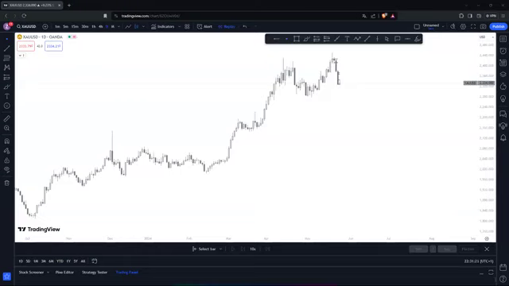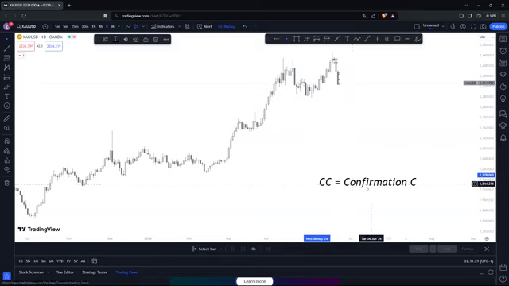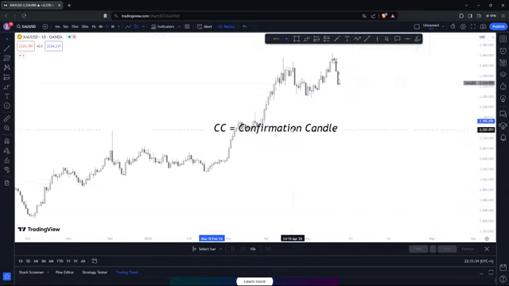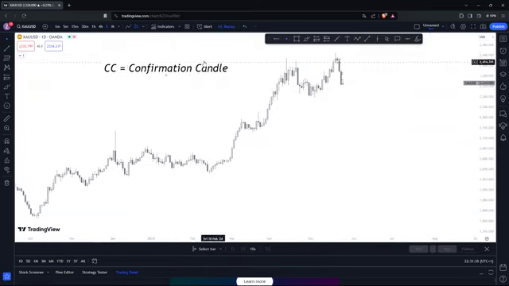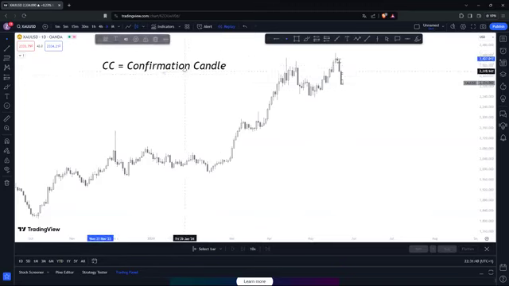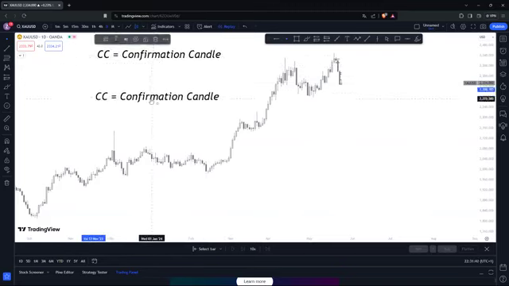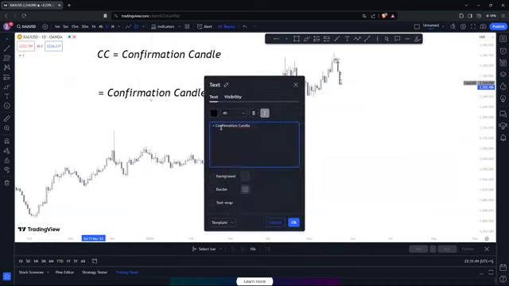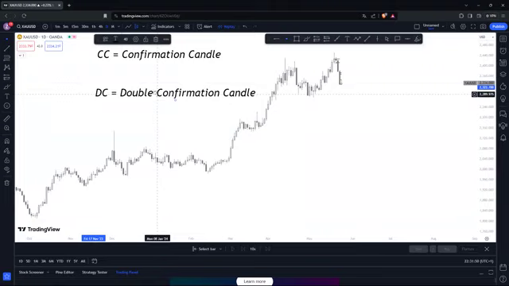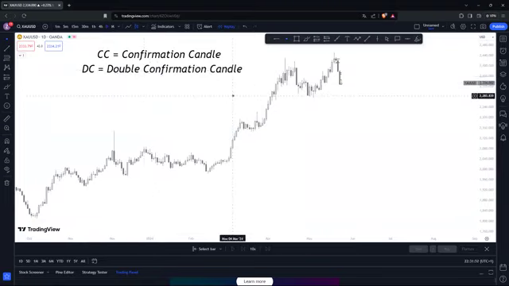What's CC? Okay, CC stands for confirmation candle. This is a certain type of pattern on a key level. DC stands for double confirmation candle.